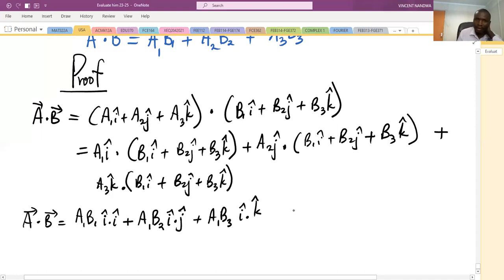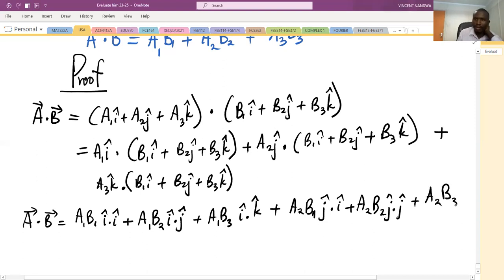Second, I'll have plus A2 B1 j dot i, plus A2 B2 j dot j, plus A2 B3 j dot k.